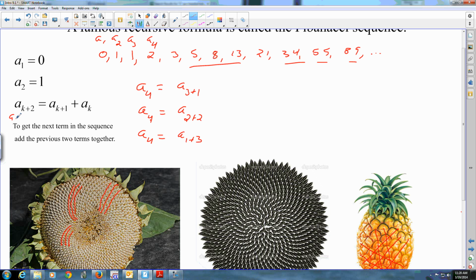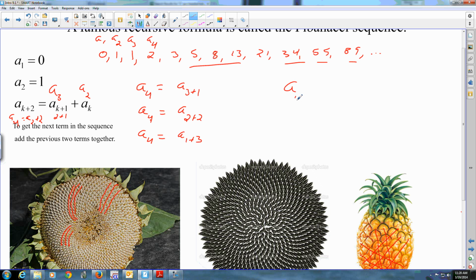So if I used a 2 for the variable, that means I have to put a 2 here. So then that'd be 2 plus 1, so that's a sub 3. If I put a 2 in for k, that means I have to put a value in there. So a sub 4 is a sub 3 plus a sub 2.